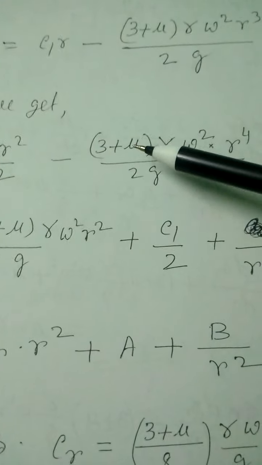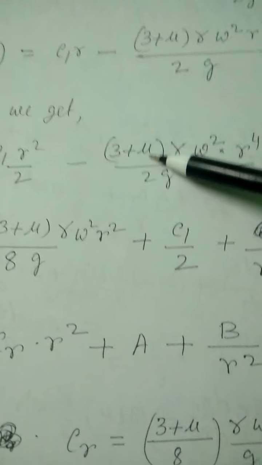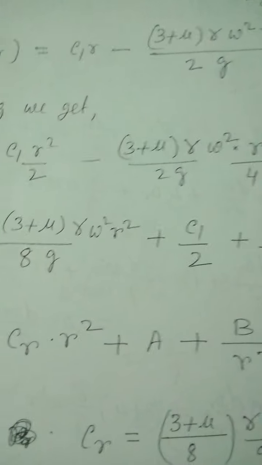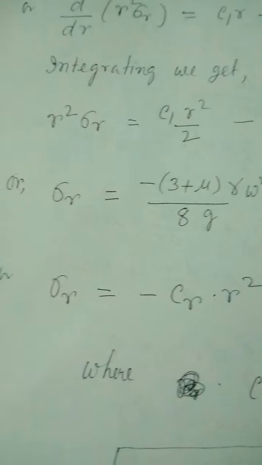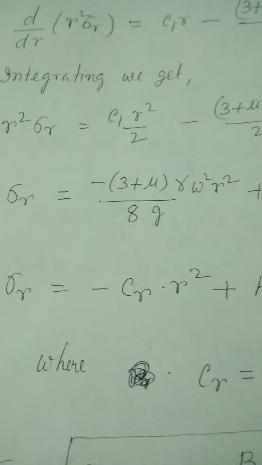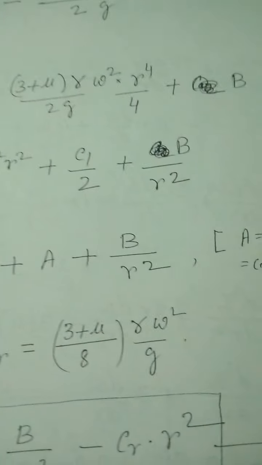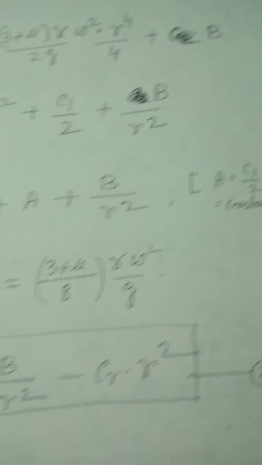Here we have taken the notation mu, but previously it was nu. So it is just nothing but the Poisson ratio. You do the derivation yourself. This is very simple.